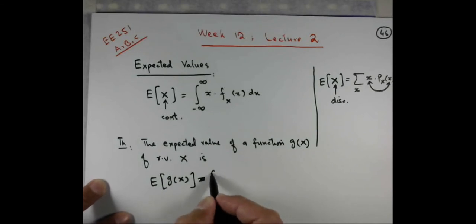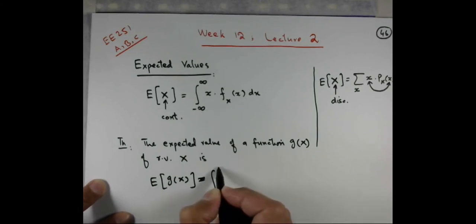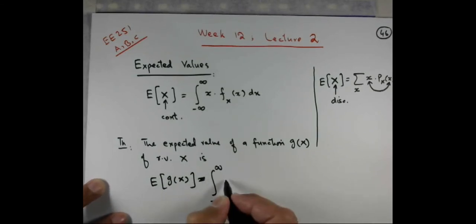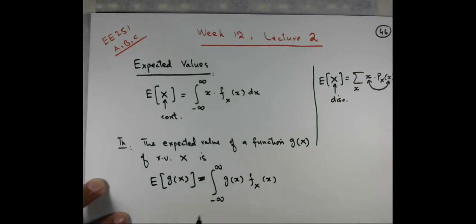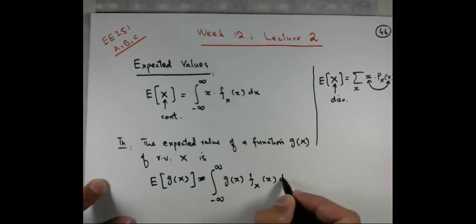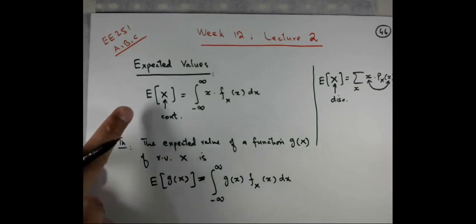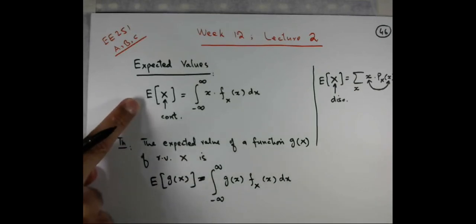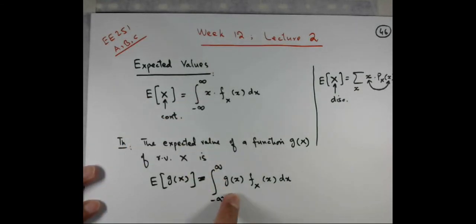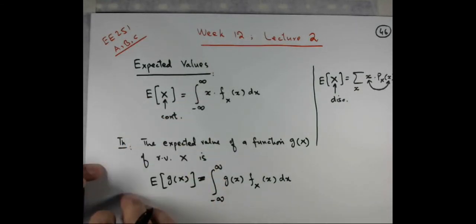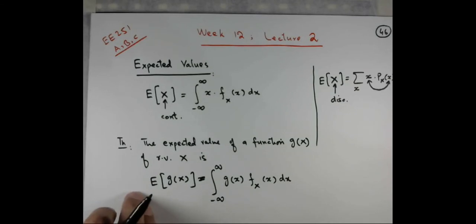It is simple. You integrate on all the possible range, then it is the functional form, and then the PDF of the random variable x dx. So this is how you find the expectation of x, which is one special case of this, and this is how you find the expected value of a continuous random variable.